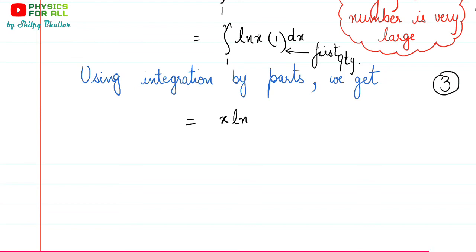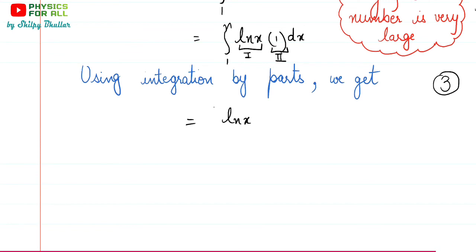So let me write it that way. It's just the way how we remember. Most of the time we remember it like first function as it is and integration of second function. So in that case, this is my first function and this is my second function. So if we say first function as it is, then integration of second function.